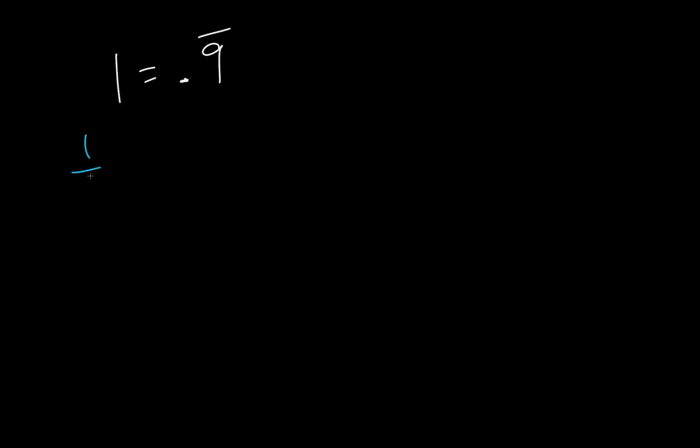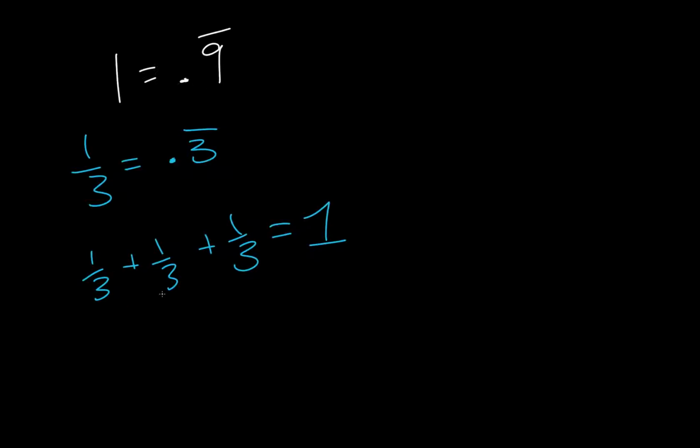So most people will agree that 1/3 is equal to 0.3 repeating. People will also agree that 1/3 plus 1/3 plus 1/3 is 1. If you think of a pie cut into 3 pieces, you put those pieces back together, you get one whole pie.